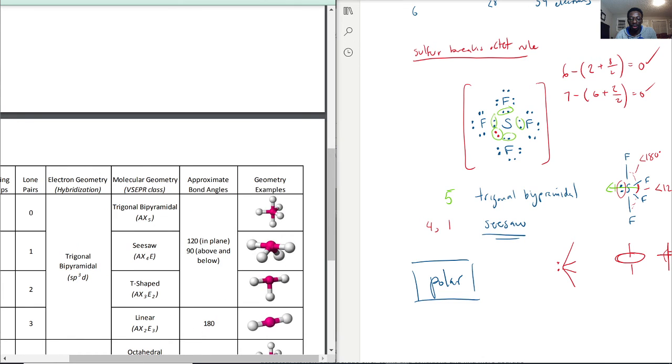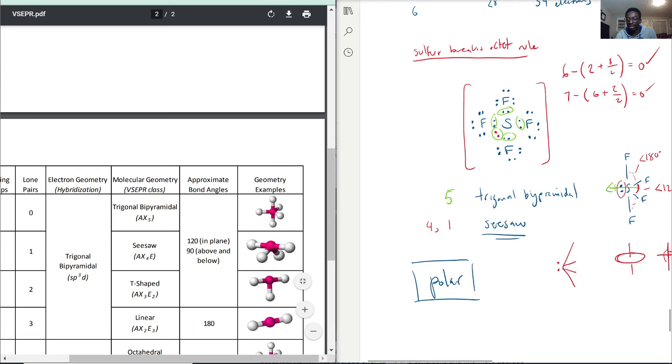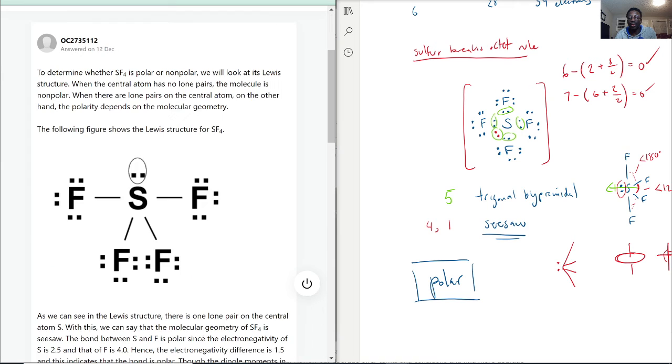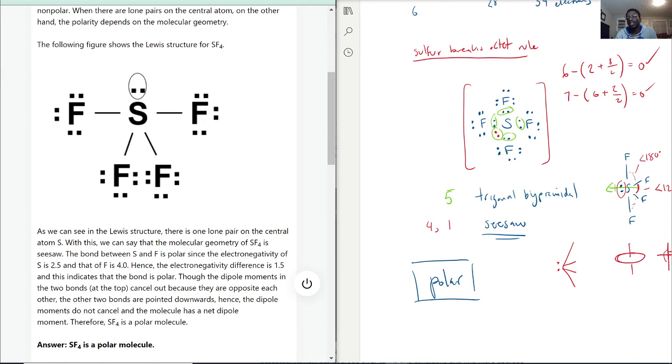I just drew it sideways instead because that's how I like to visualize it. But yes, so we have the little structure, we see the lone pair, and exactly, I like to go through and draw the shape because of the specific parts that there are some electrons to where they do have lone pairs, but they do end up being non-polar. That's because the lone pairs cancel each other out.